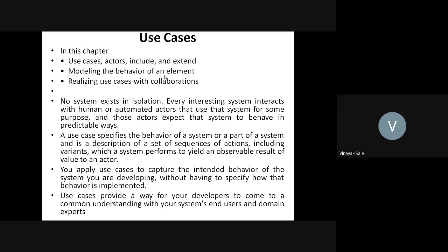You apply use cases to capture the intended behavior of the system you are developing without having to specify how that behavior is implemented. Use cases provide a way for your developers to come to a common understanding with your system's end users and domain experts.